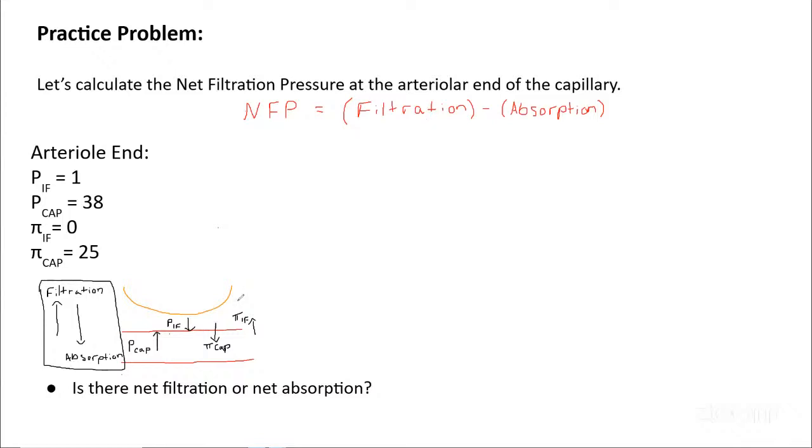Starting with those forces for filtration. So filtration is the out direction. So we're picking up pressure in the capillary pushing out. We're picking up osmotic pressure pulling us towards interstitial fluid.